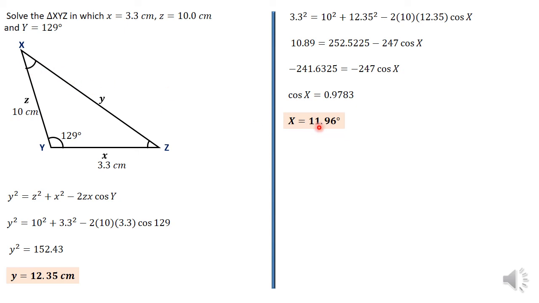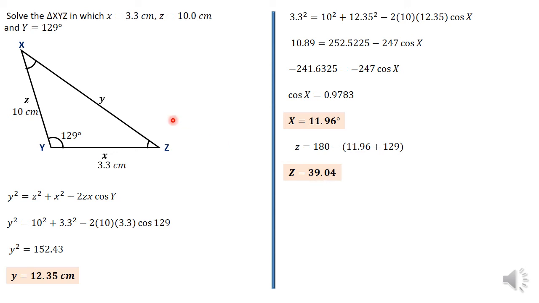And now we have two angles, 129 and 11.96, for Y and X respectively. Therefore Z will be 180 minus the sum of those two, and that's what we have there, and therefore Z will be 39.04 degrees. And that way we have solved the triangle completely.